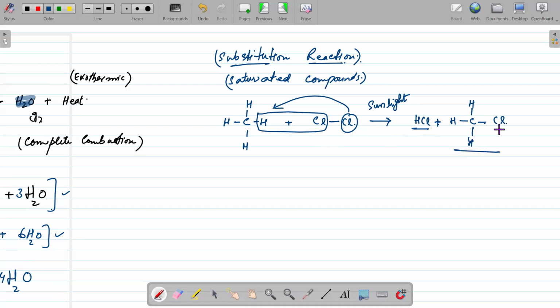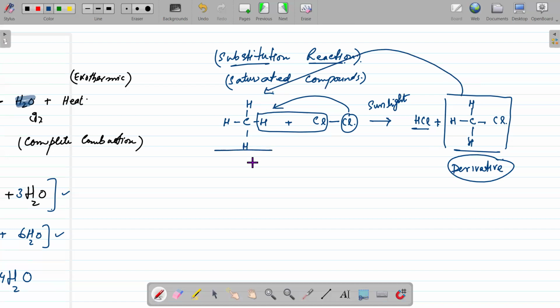And the naming of this new compound is also very important. I can say this product is a derivative of this alkane, which is methane. So this compound is derived from methane, and for its name I will use the name of the compound from which it is derived.